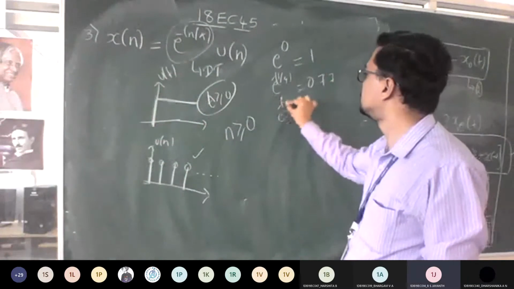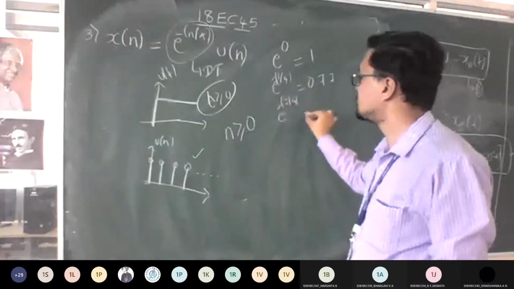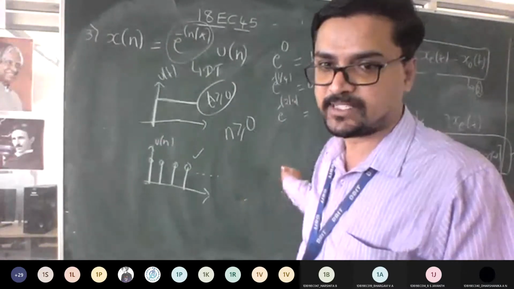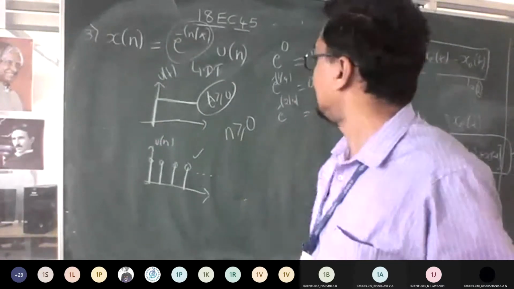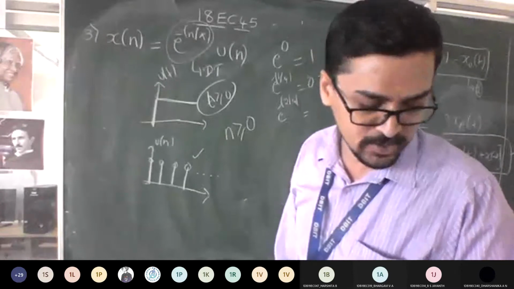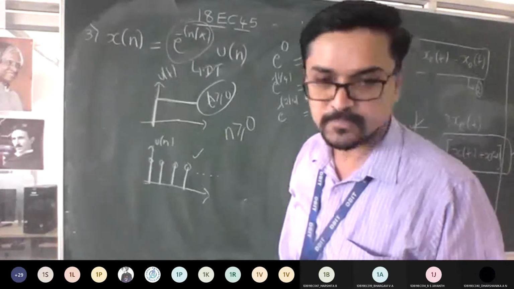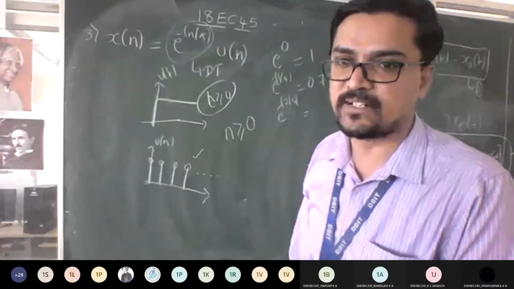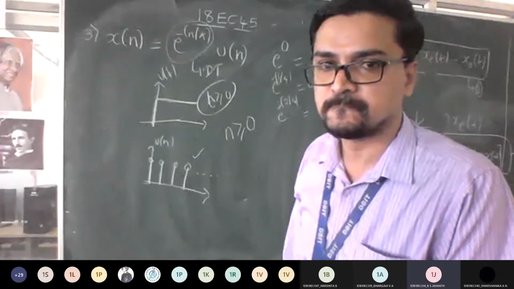Next for 2. So you take some samples now, because for discrete I want samples, right? So you will take some 4 to 5 samples. At n is equal to 2, it will be less than this 0.77. How much? 0.606.